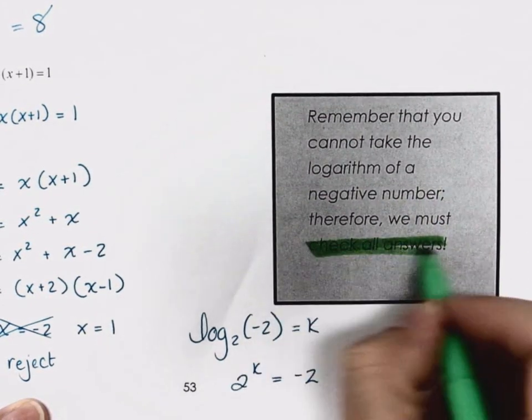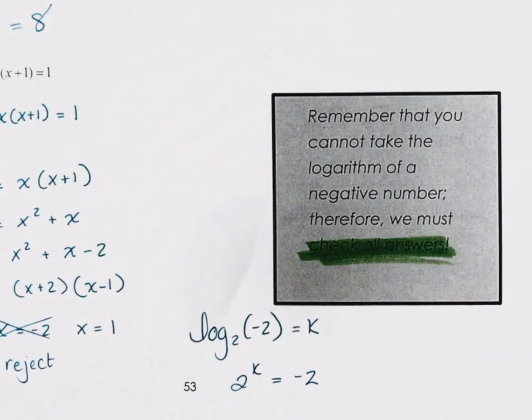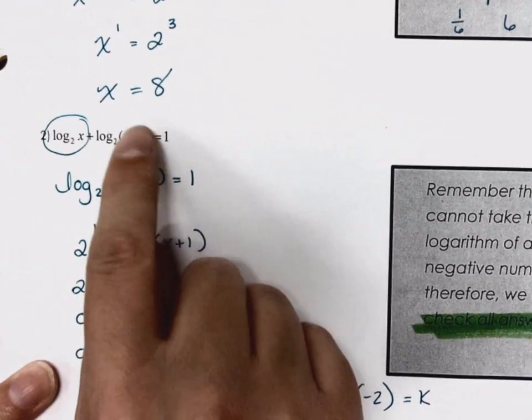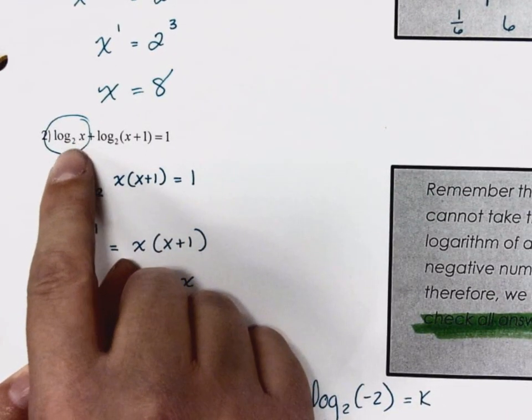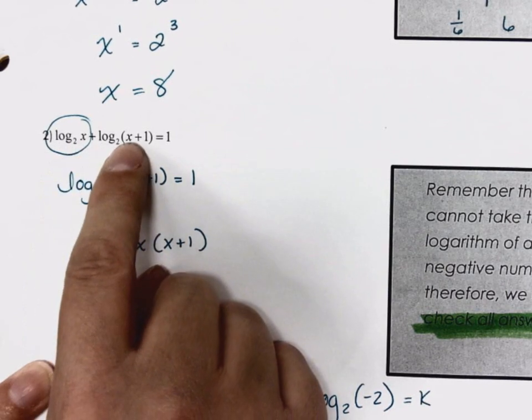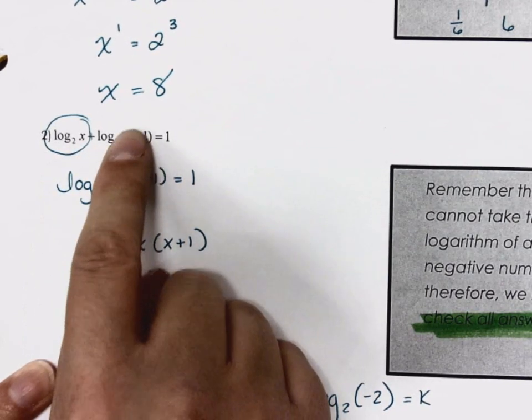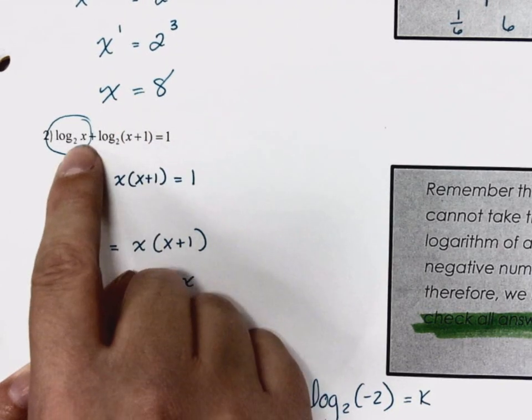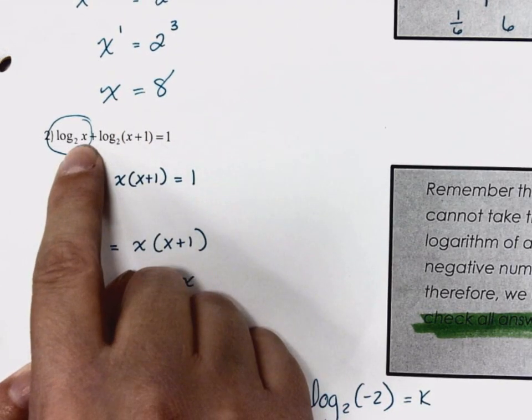When I say, oh, boo, I highlighted that, not just crossed it out. When I say check all answers, what I mean is to take your x's and put them back in for your arguments. So if I substitute a negative 2 in here, is my argument still negative? Yes. So I reject it. Is it negative when I put it in here?